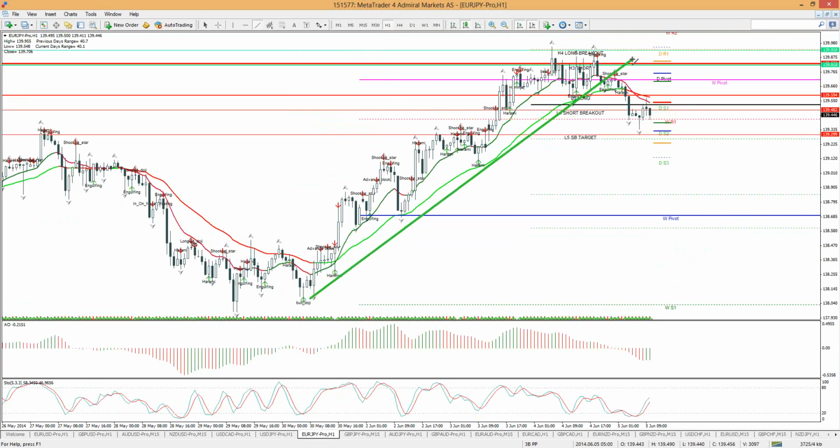Broke this trend line here. That was a good break. Was heftily fighting against this monthly pivot point, but couldn't break it.